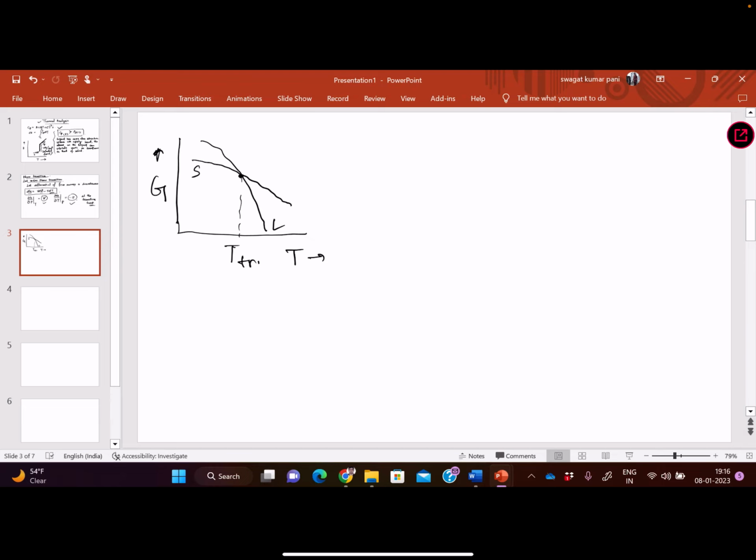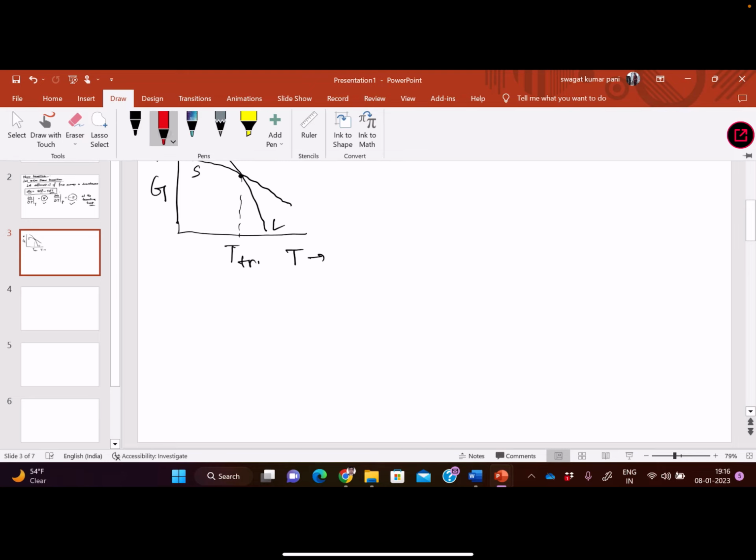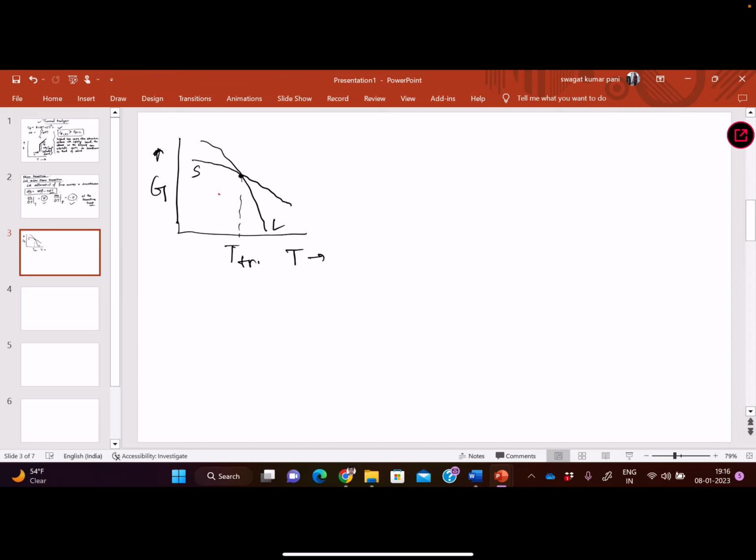You can see here at this point, this is the final curve. At this point G is continuous, but what is del G by del T? That is minus S, that is entropy. If you calculate entropy at this point, it will be discontinuous.